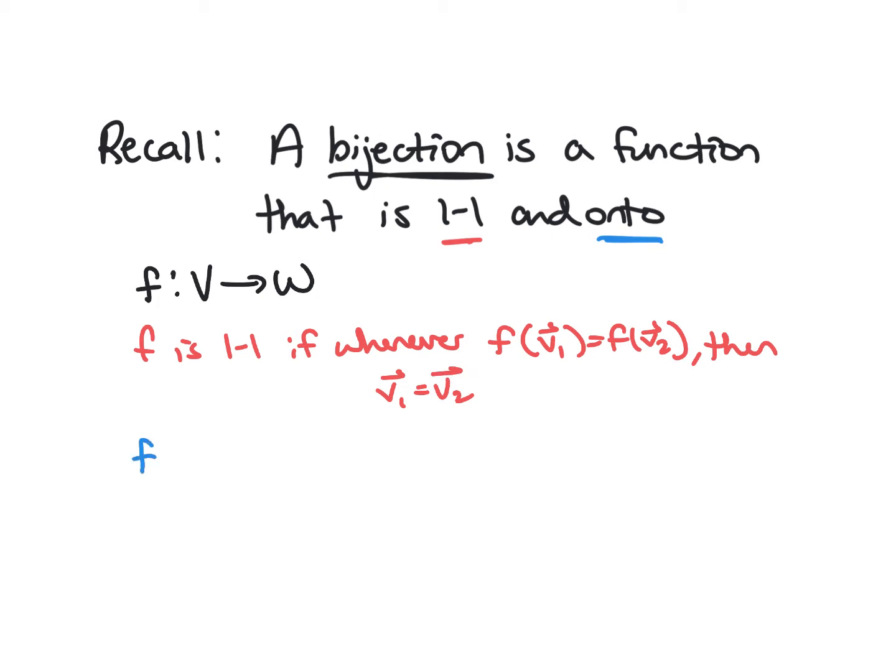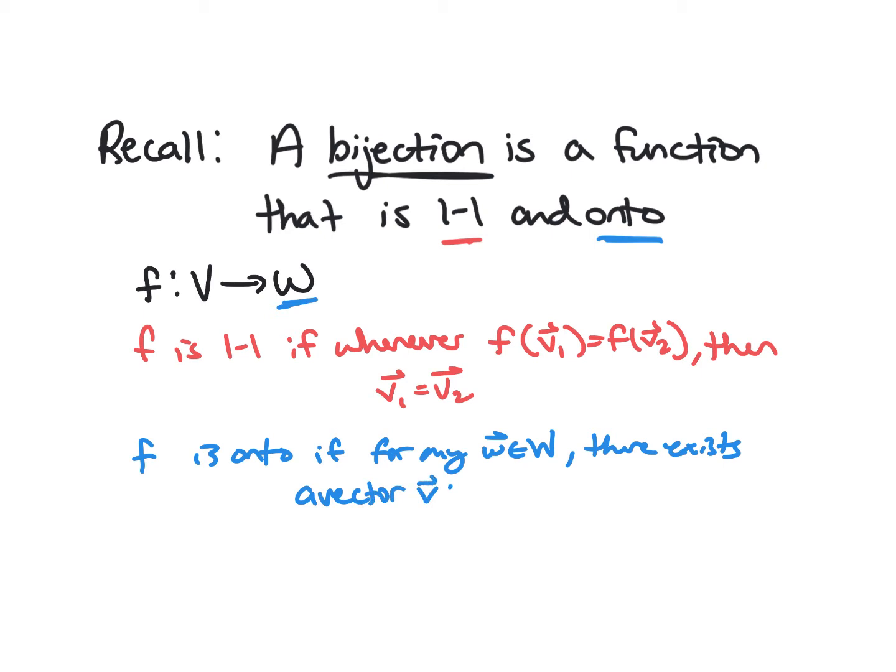And f is onto if everything in your target space, W here, has something going to it. So if for any w in W, there exists a vector v in V such that f(v) is w.